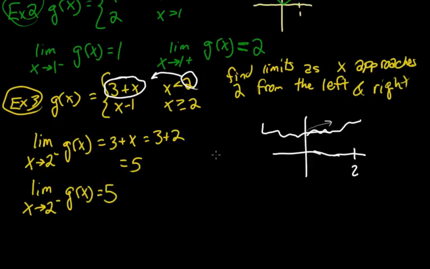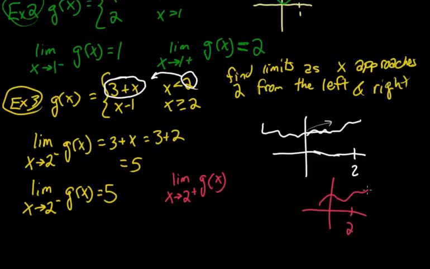And we can do something similar for the right. Let's say limit as x approaches 2 from the right of g of x. So let's think about what this would look like. We have the number 2 here. We have some kind of weird graph that we don't actually know. Well, we could figure out what it looks like, but we'll pretend we don't know. And we start to the right, and we get closer and closer to 2.